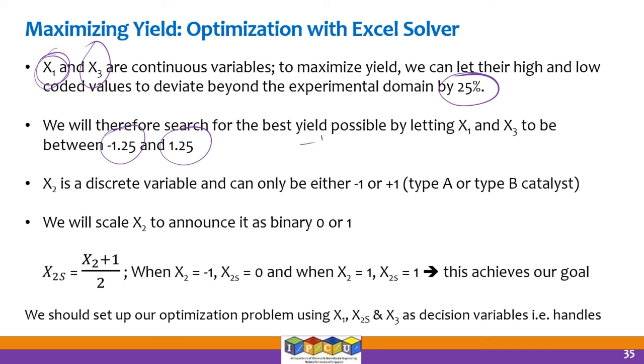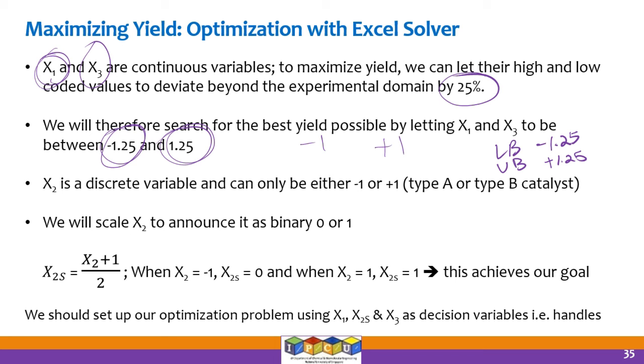The experimental values were between minus 1 and plus 1. So in order to increase the yield, I'm going to allow for a 25% extrapolation on both the positive and negative sides for both x1 and x3. So the lower bound for x1 for optimization will be minus 1.25 and the upper bound for x1 will be plus 1.25. Same for x3 as well.